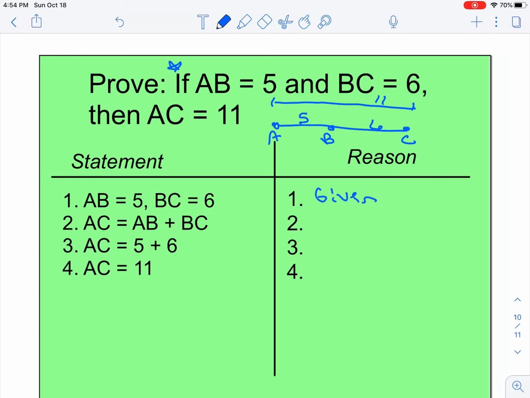And then the next step said AC equals AB plus BC. Well, that is segment addition postulate. And now I see that the next step is AC equals 5 plus 6. So again, they're taking what AB is equal to, which was the 5, and putting it in here.